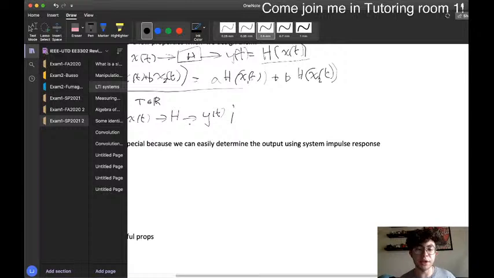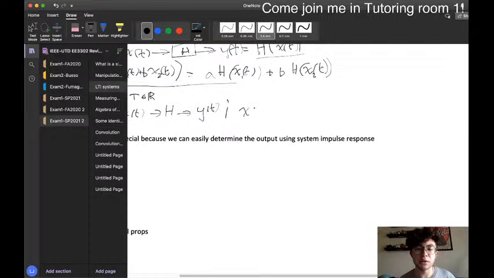If we shift our input by just some number, let's call it t, and then we pass it through the system, we'll get the same output as we got before, only it's going to be shifted over by the same amount.